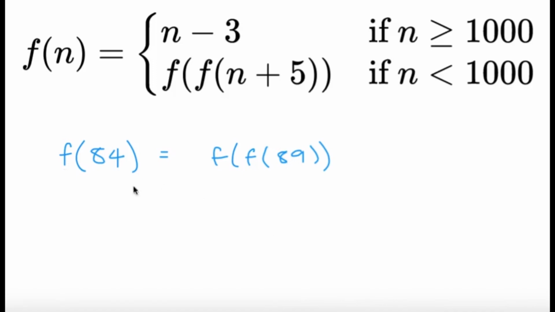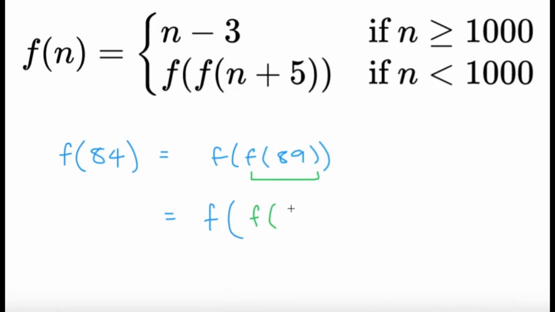Essentially, I have to know what f of 89 is. If I want to get f of 89, let's put 89 into this equation. It's going to fall under the second category again, so f of 89 becomes f of 89 plus 5.